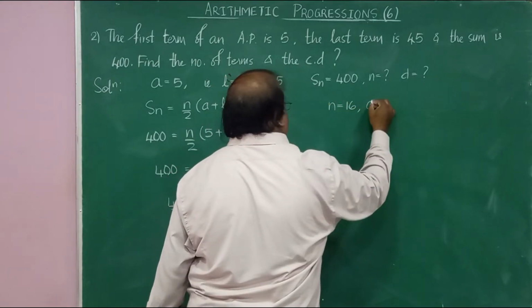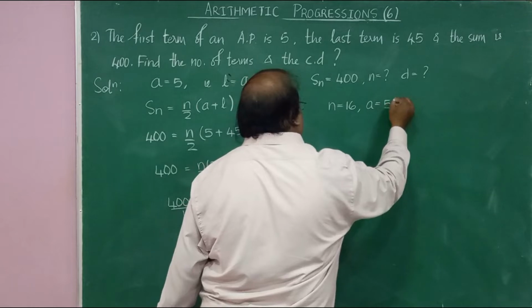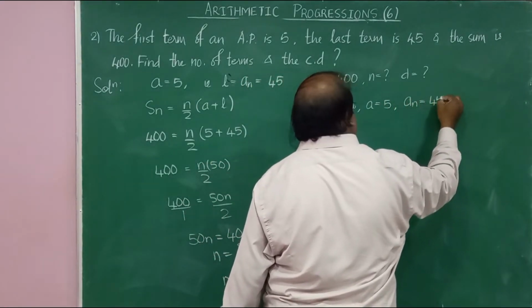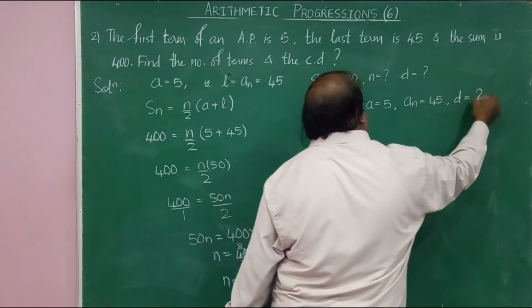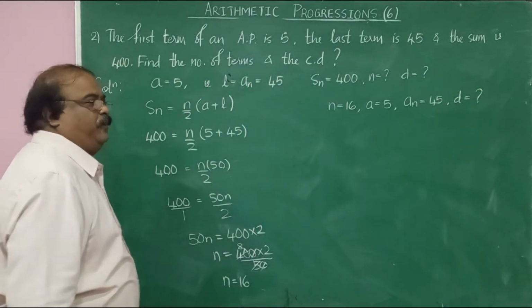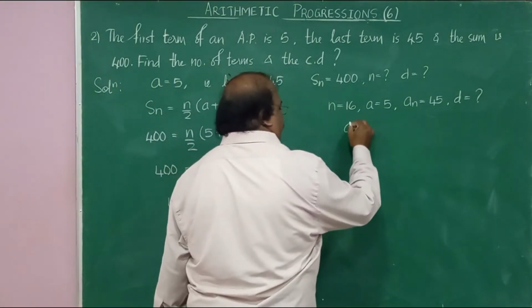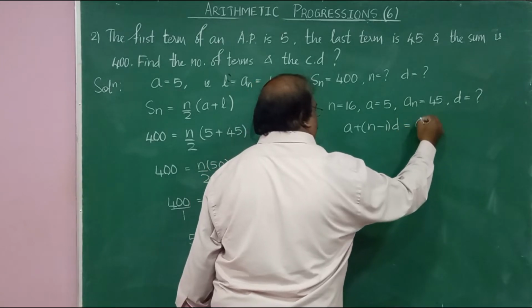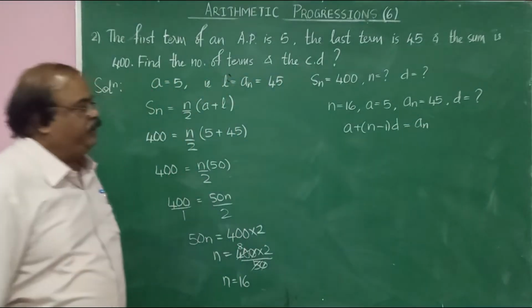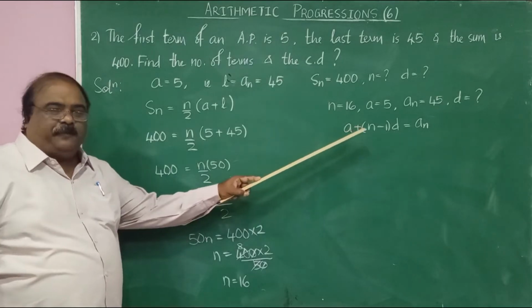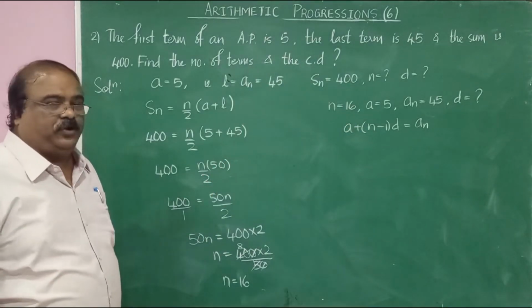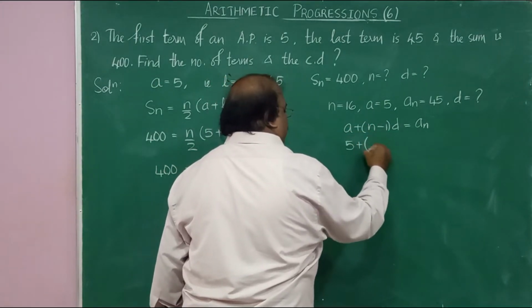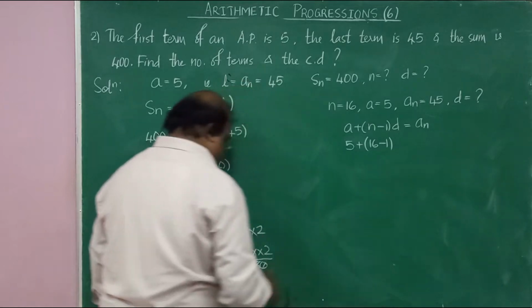I know the first term is 5. I know the last term or the nth term is 45. Let me find out the common difference using the formula a plus n minus 1 into d is equal to an. What is a? 5. n I have just found out is 16.